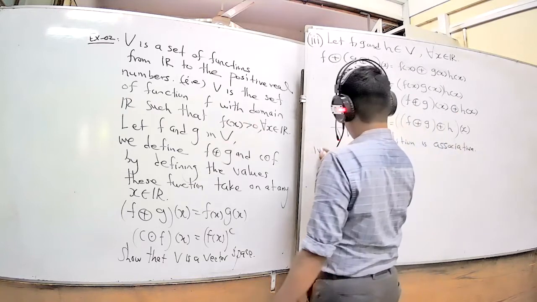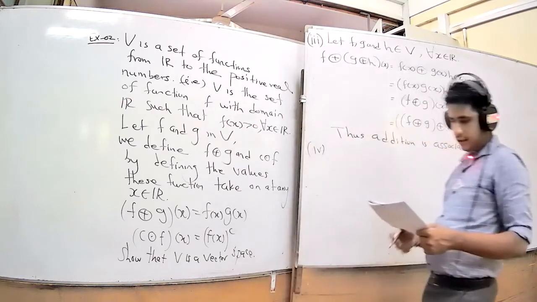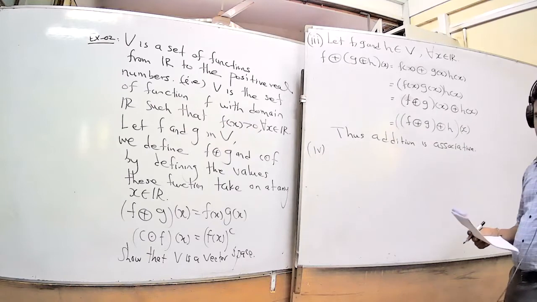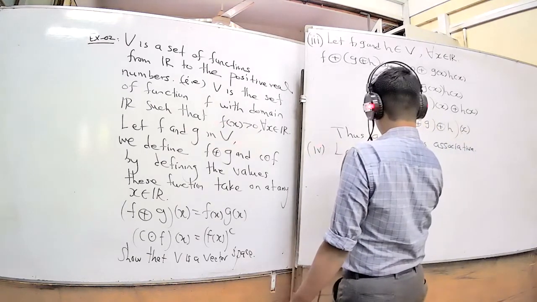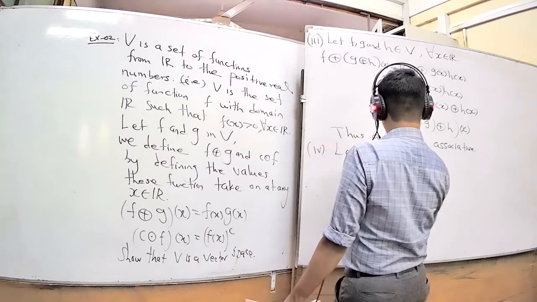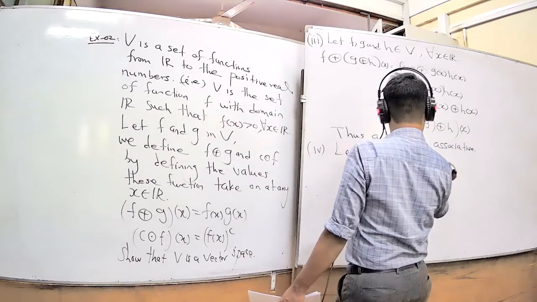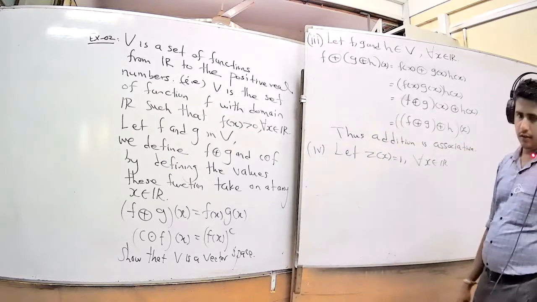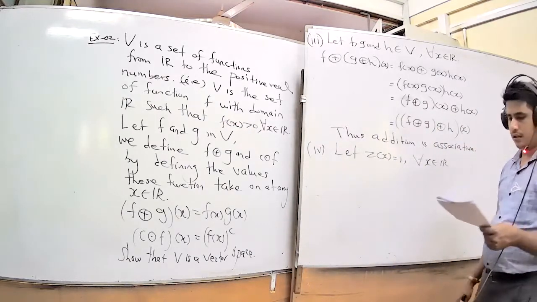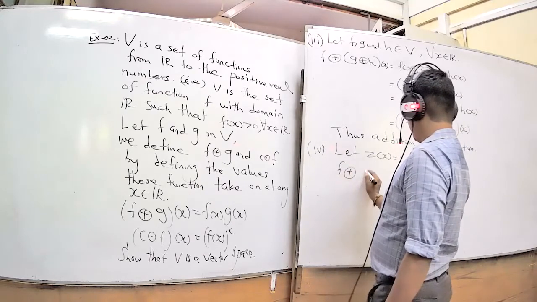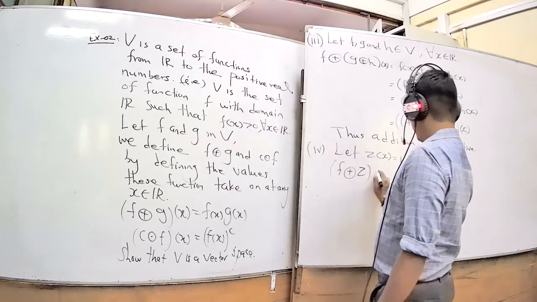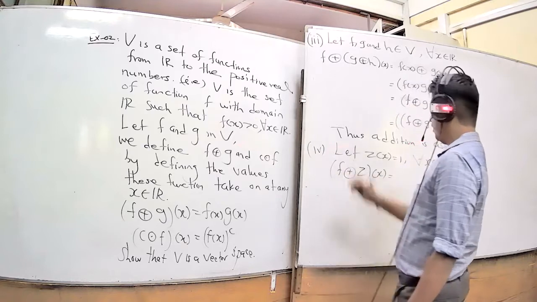Next, for the inverse, what is the identity for this part? Let the function you take, set of x, be 1 for all x belonging to real numbers. It is the identity function for this question. Because if you take the vector addition of f with set of x, then you get the value f again.